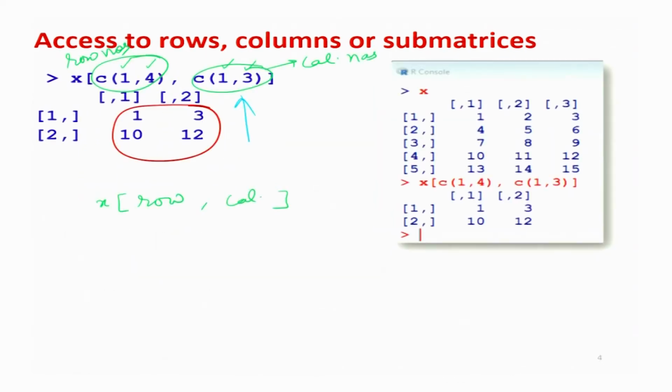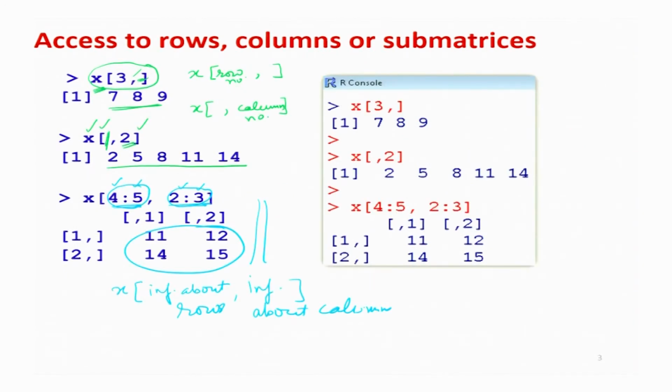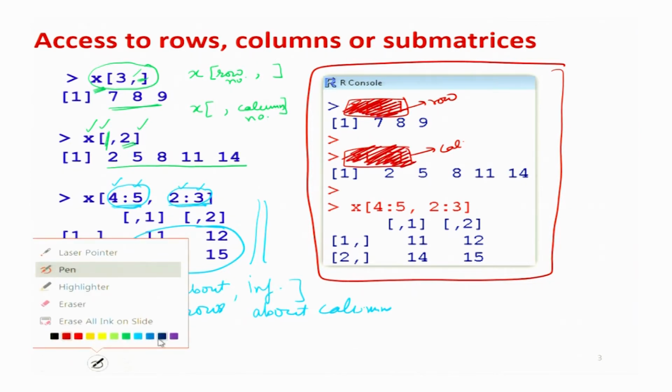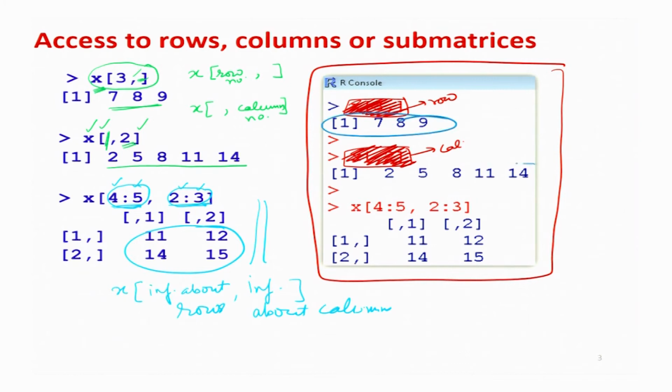Before I show you these operations on the R console, let me show you something here. Suppose you look at this outcome of the R software, a screenshot, and suppose I hide this part and this part. You can see this is about the row and the second one is about the column, but I hide it like this. And now I give you only this outcome, this and this.